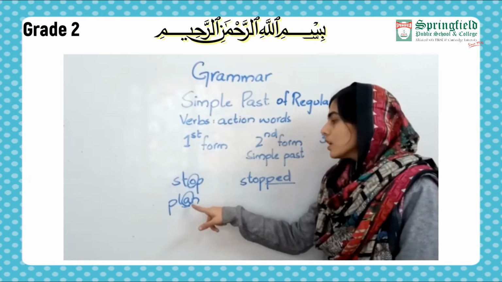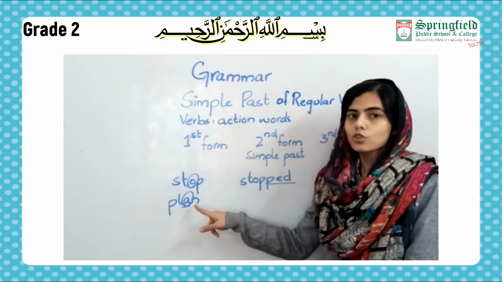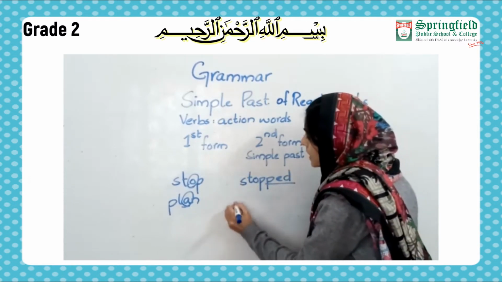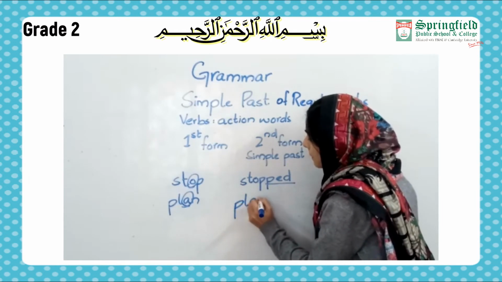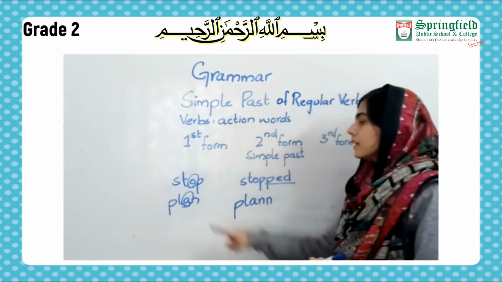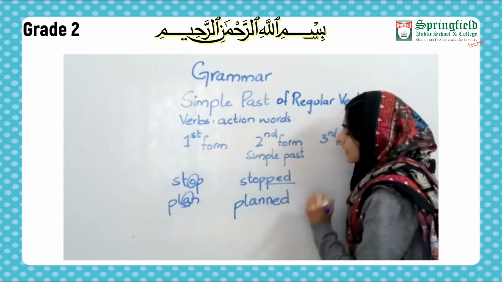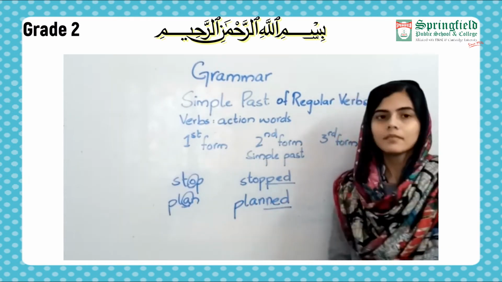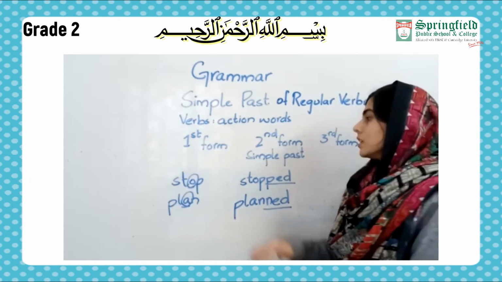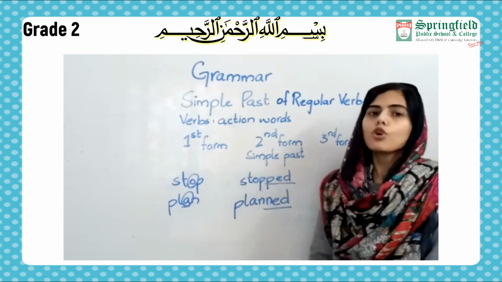We are going to double the last consonant. So, what will be the spelling? P-L-A-N-N, and then following the normal rule, we will add ed at the end, as you can see. So students, this was all about it.